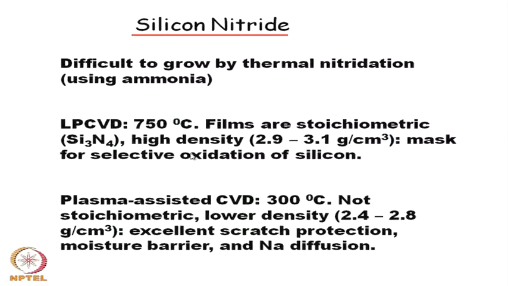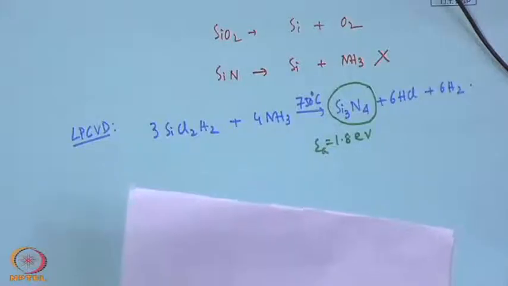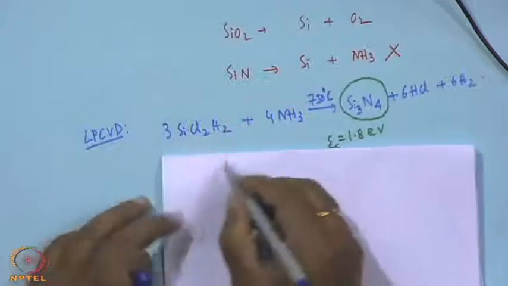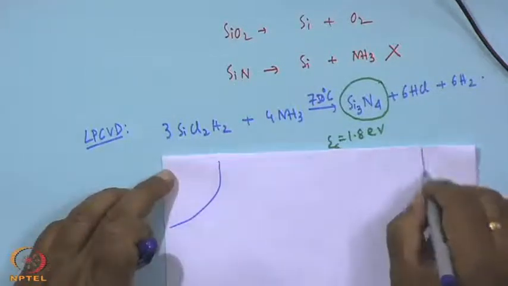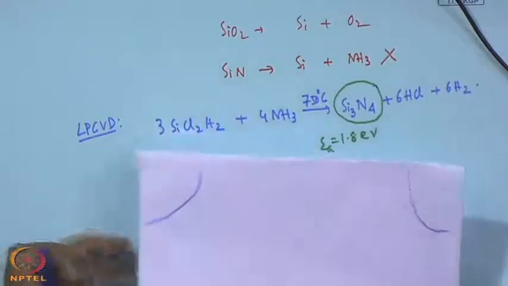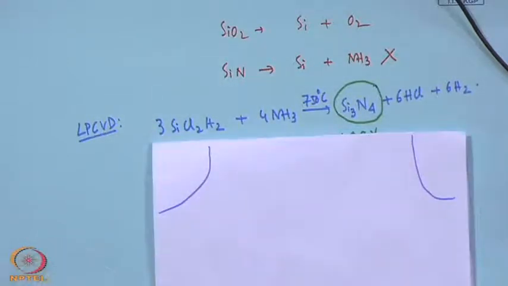Selective oxidation of silicon means if you mask with Si3N4 on a silicon, let us take a piece of silicon, and we want to oxidize it, and we want to mask it for diffusion. Suppose this area we want to mask, this area we want to mask, and this area we want to mask. That masking can be done by Si3N4. Why?